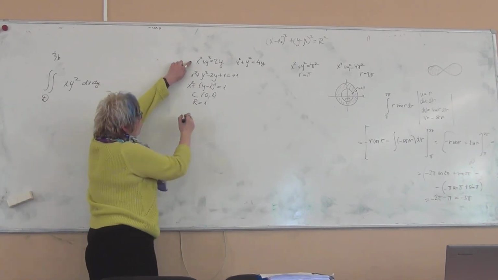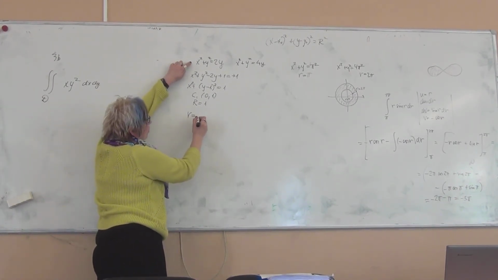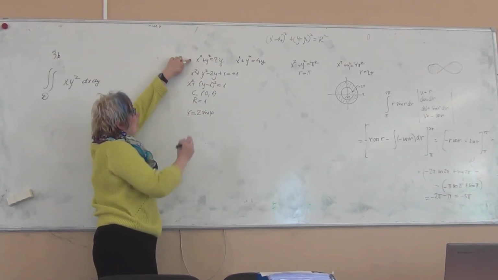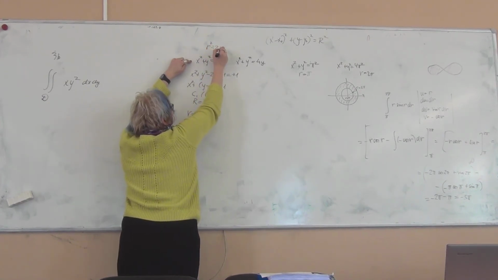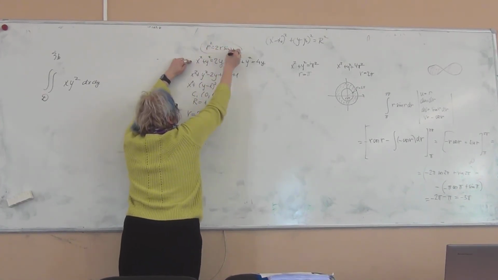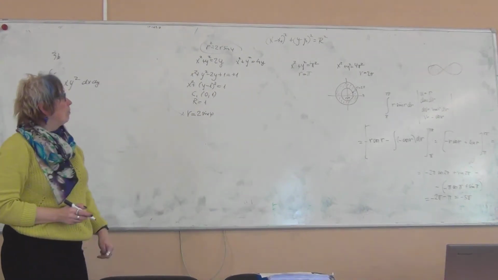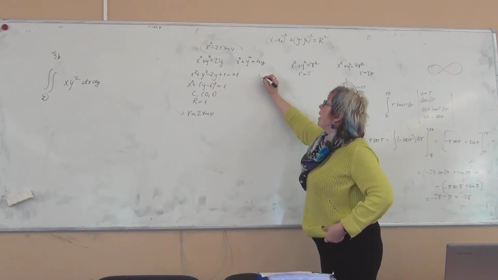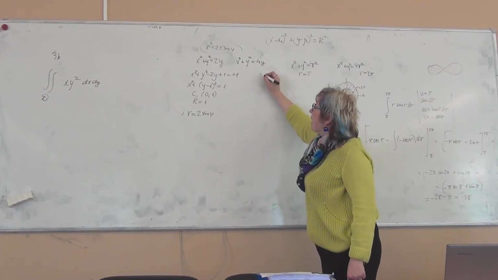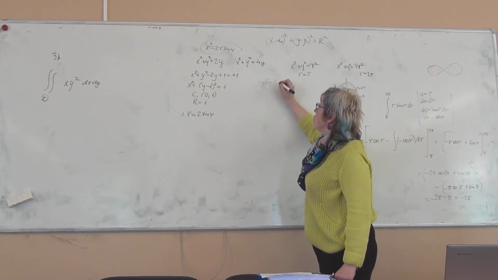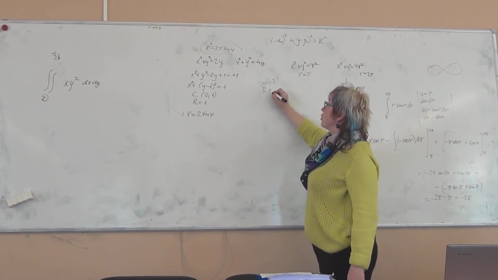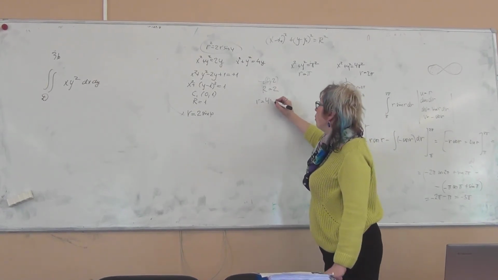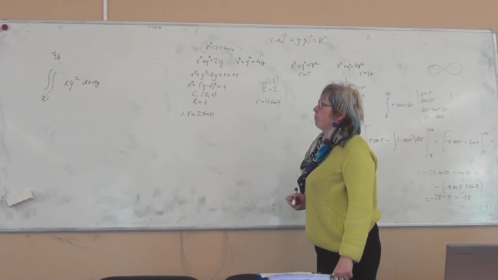And the equation of this will be r equals 2 sine phi, because r squared equals 2r sine phi. That's how we get this. For the other one, in a similar way, we get the center at (0, 2), the radius will be 2, and the equation will be r equals 4 sine phi.